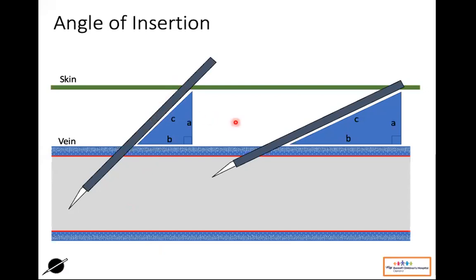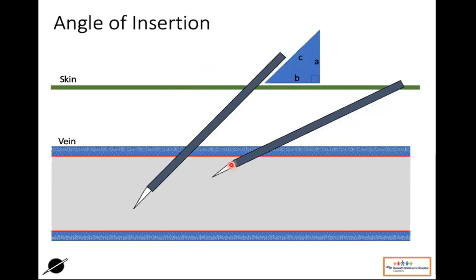Because if you compare the amount of catheter that is in the vein relative to the angle of insertion, with this one here, we've got a lot of catheter in the tissue and relatively little catheter in the vein. So there's no hard and fast, but I want you to be thinking about angle of insertion, and it's going to change as we go into the vessel, and I'll show you here in the next slide.